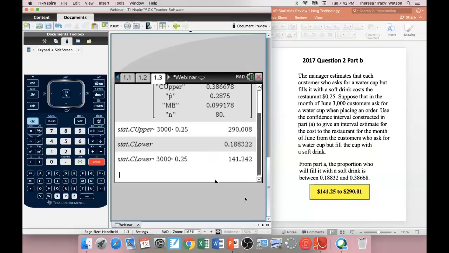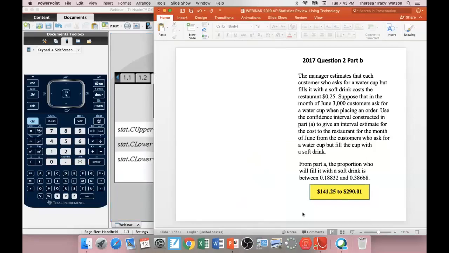So don't forget to tell your students to show their work. Even though this is just simple arithmetic, the AP wants to see where those numbers came from. I thought I'd mention that because I was just in that rubric yesterday getting stuff ready for my students. So we're going to move on to the next problem.